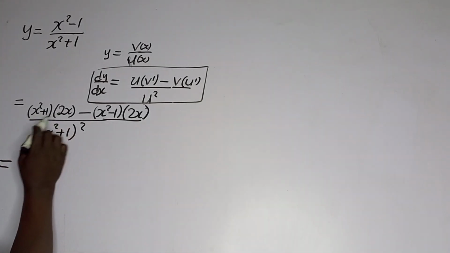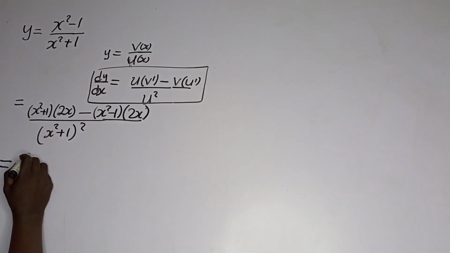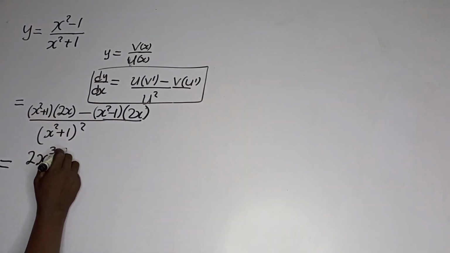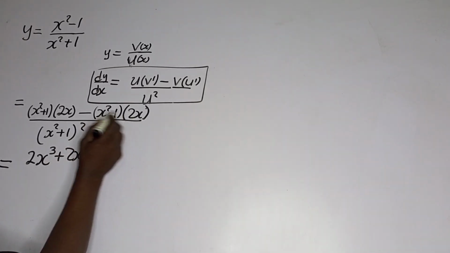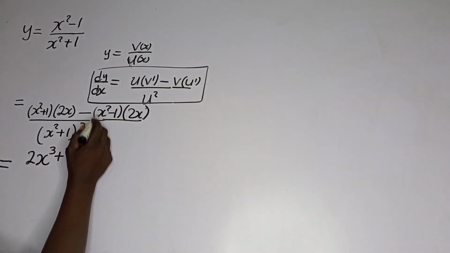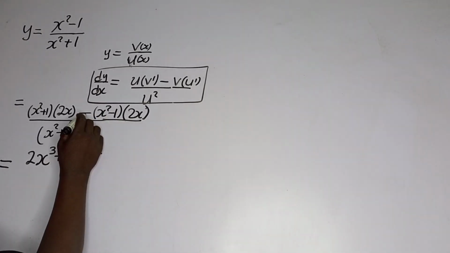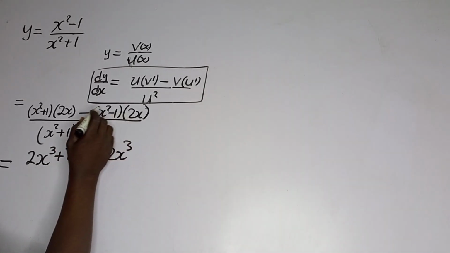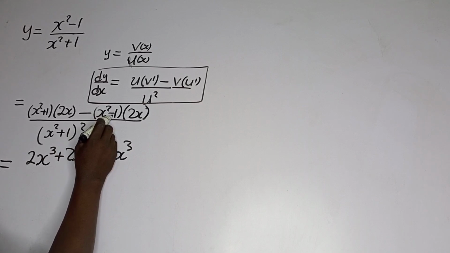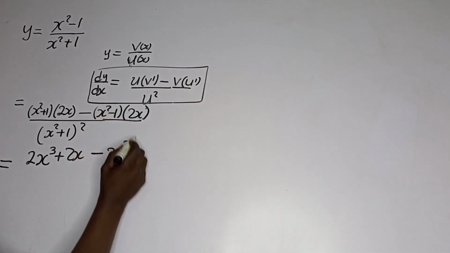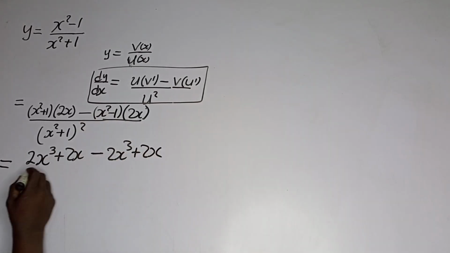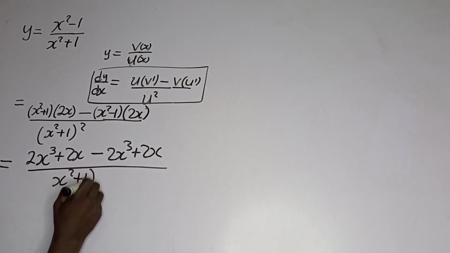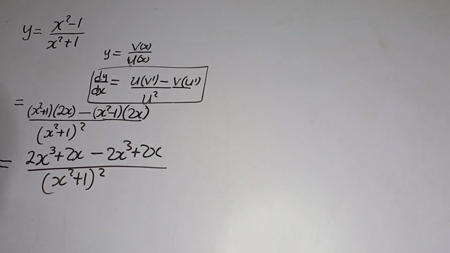We multiply this out with 2x. So we have 2x multiplied to x squared is going to give us 2x cubed. 2x multiplied to 1 is 2x. Coming over here, we'll open this one also with respect to 2x. 2x multiplied to x squared. Remember, there's this subtraction. So we're going to have 2x cubed. 2x minus multiplied to minus become positive. So 2x times 1 become positive 2x. All of that divided by x squared plus 1, all of this squared.